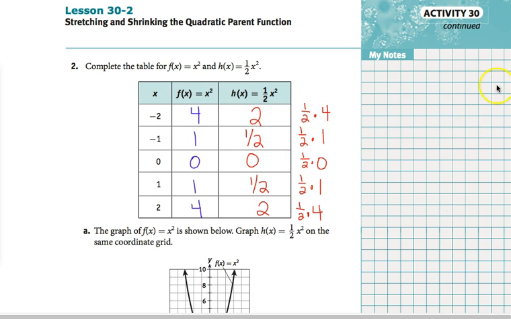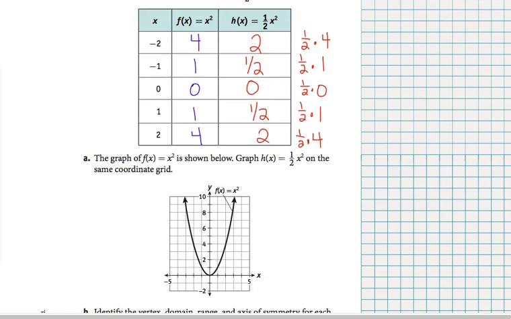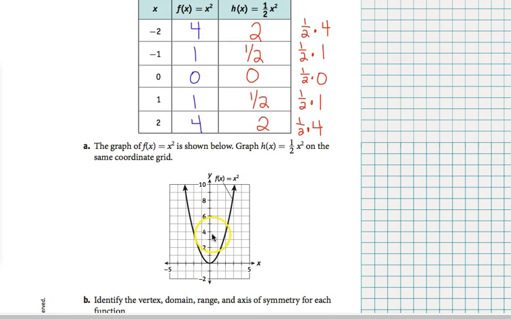Just like on number 1, they have graphed the parent function for us here. So we are now just going to plot the points for h of x on the same axis. The reason why we graph the parent every time is so that you can see the difference. You can see specifically what has happened to the parent graph when we're transforming it.